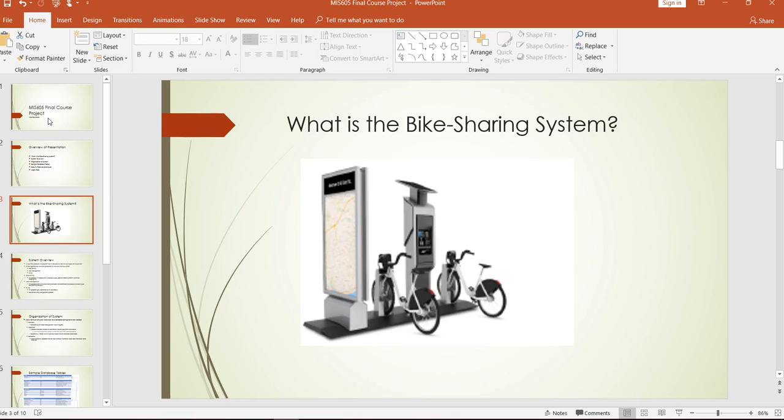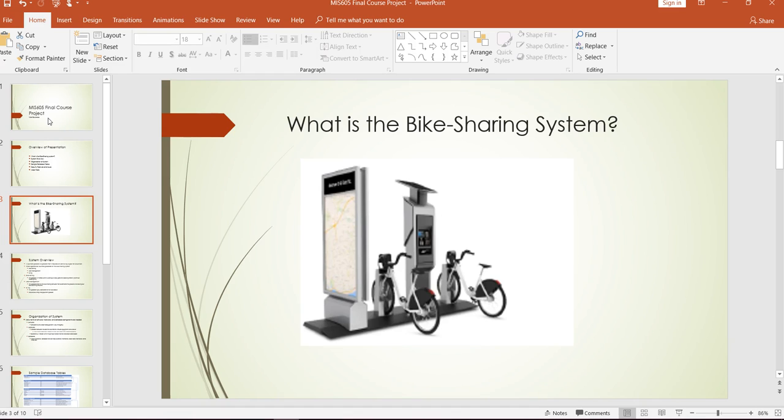So, what is the bike sharing system? Well, I think the picture there depicts quite well what it really is. Essentially, in a nutshell, it's going to be a system in a mid-sized metropolitan area where users can rent bicycles. How do they go about renting the bicycles? Well, the main gist is that there is a computer terminal at a bike docking station.